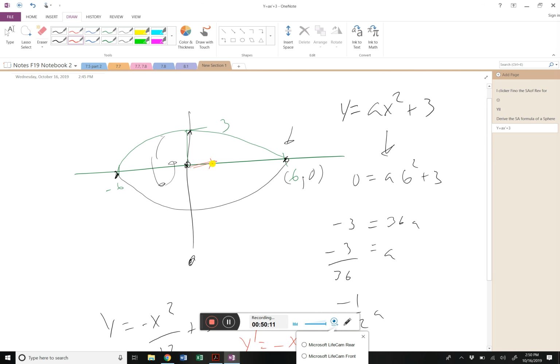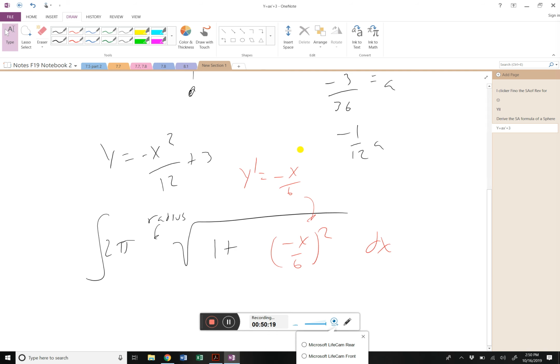If we have an x-coordinate here, how far is that piece going to spin around? 2 pi times that radius, and that radius is the function. So a minus x squared over 12 plus 3. And then you've got a crazy trig sub to do to actually do that.